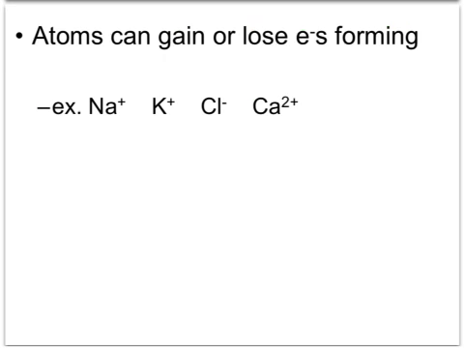However, atoms do have the ability to gain or lose electrons, and when they do that, they form ions. Ions are usually signified by showing the charge the ion contains. Here you can see all these superscripts beside these ions, because that means the protons and electrons are not balanced any longer.